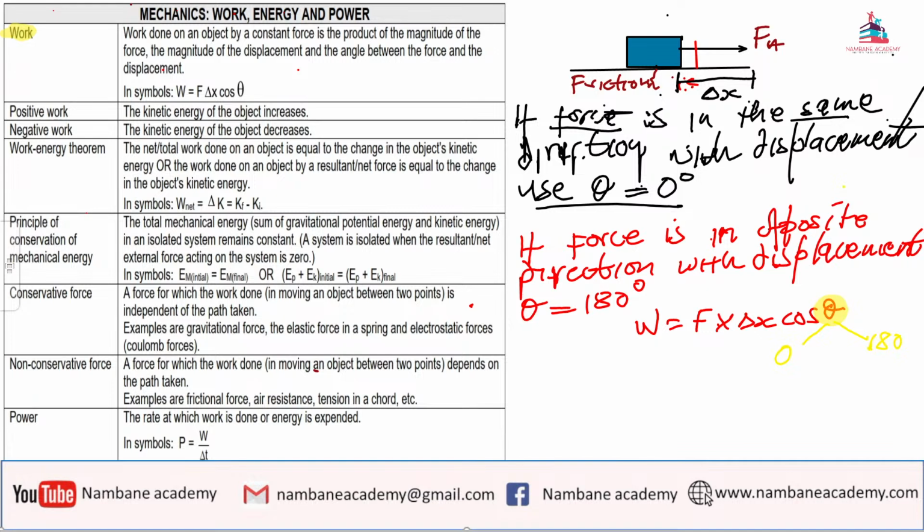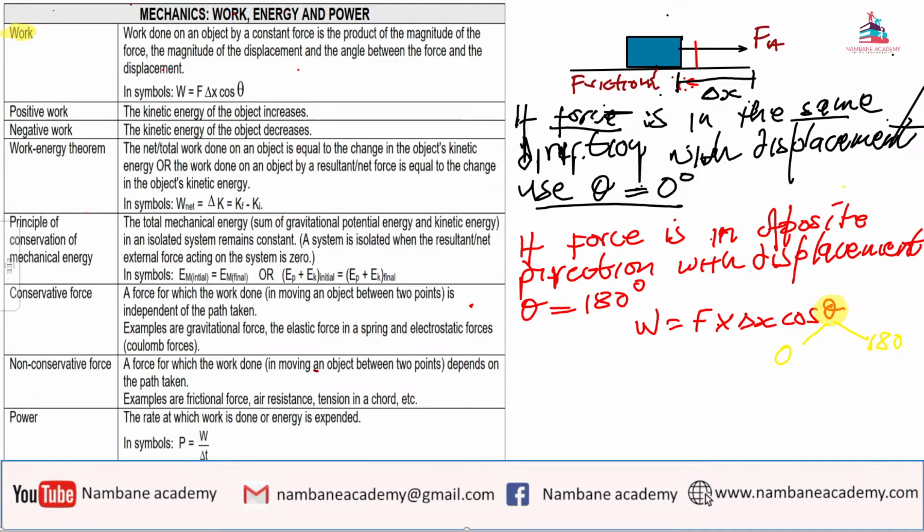It is exerted by the surface on the object. So it will be making an angle of 90 degrees with the displacement. Once it makes an angle of 90 degrees with the displacement, it basically says no work is done. The SI unit for work is the joule.